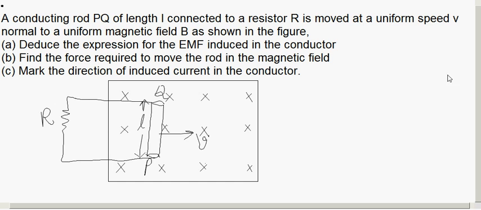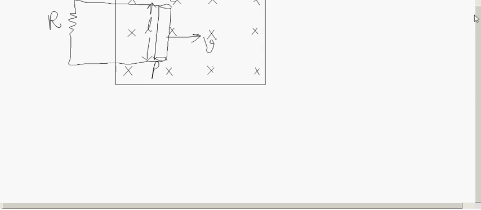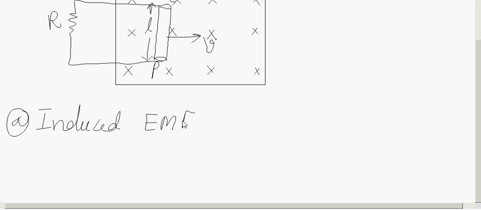First we will take down question number A to find the induced EMF. Now according to Faraday's law of electromagnetic induction, the induced EMF is proportional to the rate of change of flux linking the coil or the conductor.